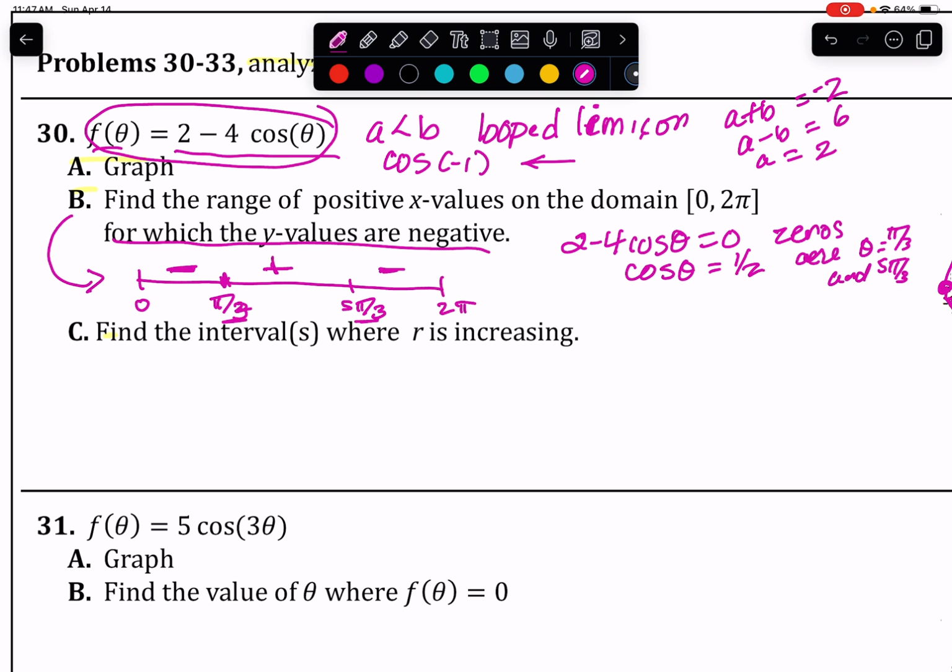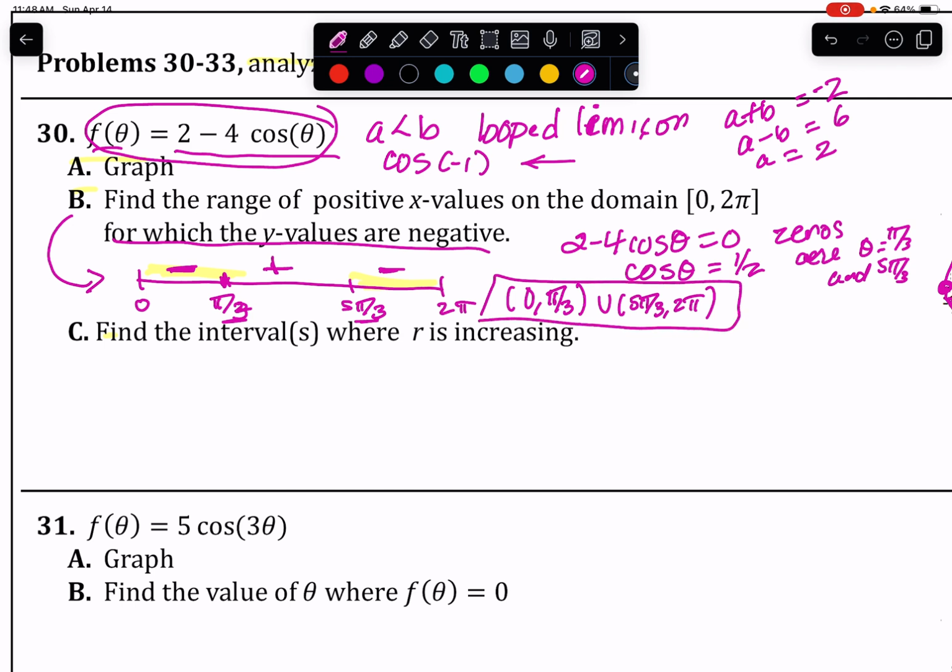So that means my y values are negative from 0 to pi over 3, and then also from 5 pi over 3 to 2 pi. Now it just asks where they're negative, not equal to 0, so that's all I'm going to write for that.